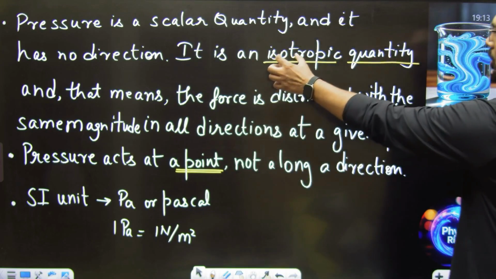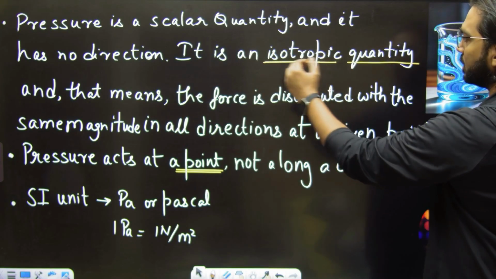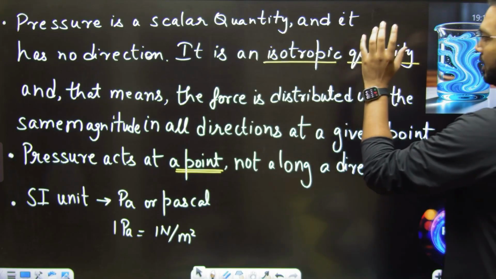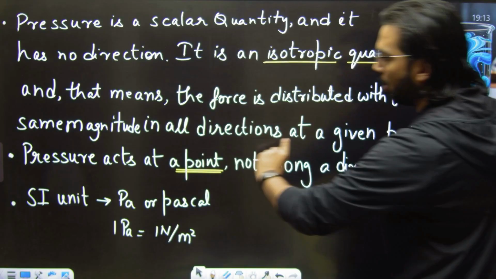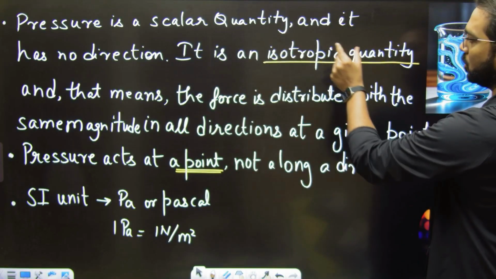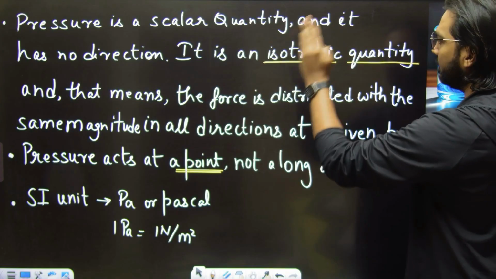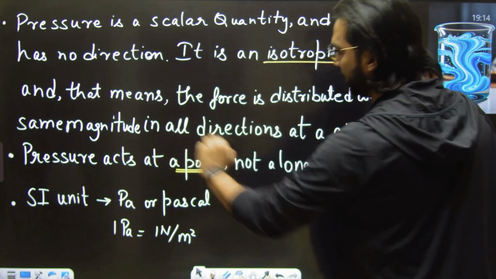The word iso means same, and the word tropic means directionally. So it means that it's the same, it's distributed the same way in all the directions. So isotropic, tropic means directionally and iso means the same. So same direction, it means it is distributed in the same way in all the directions.